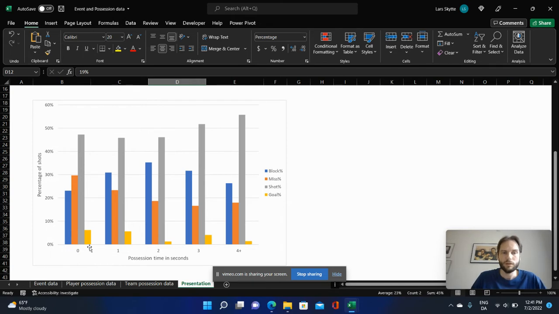That's not surprising at all. The faster you get your shot off, the less time you give the goaltender to react. I think that's pretty obvious. You also see that for first timers, the block percentage is lower. Again, same argument.